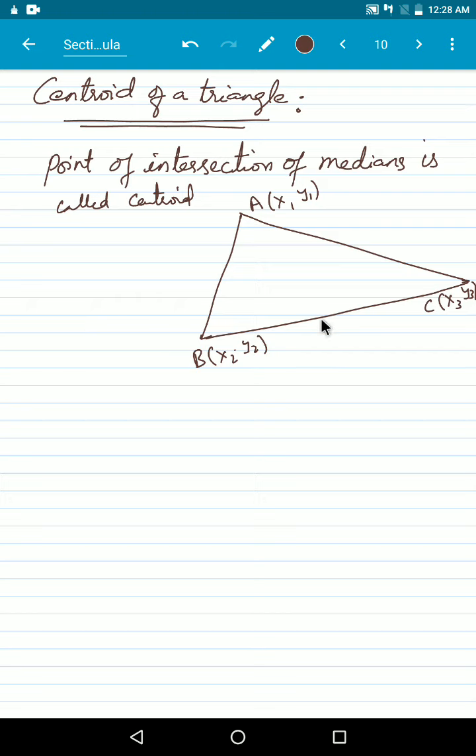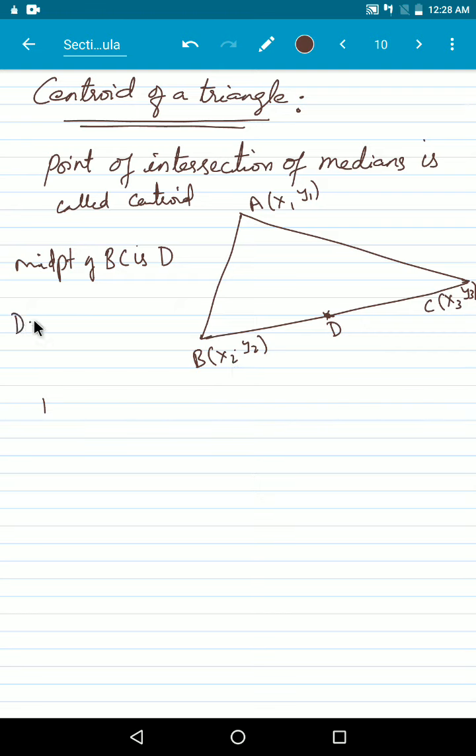Now, what did we learn? See, BC, we need to find the midpoint of BC first. Let it be D. So midpoint of BC is D. We took it D, right? So x1 plus x2 by 2, that is values of x.